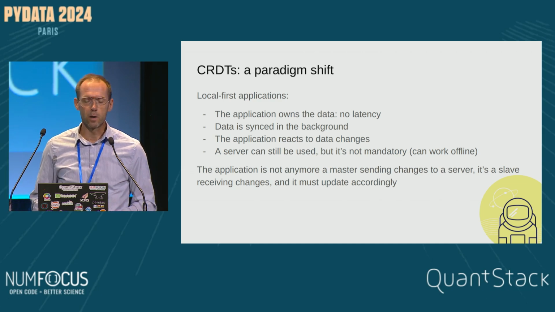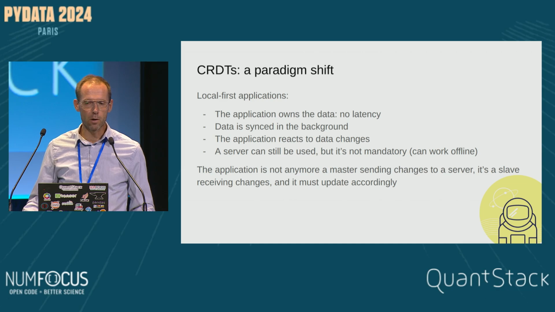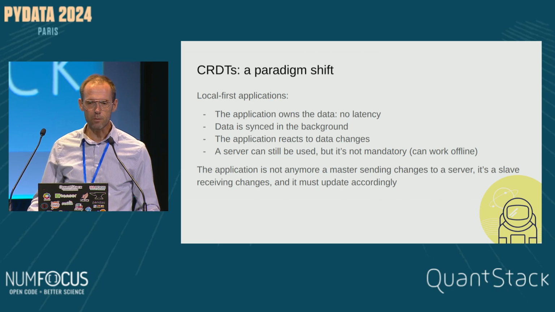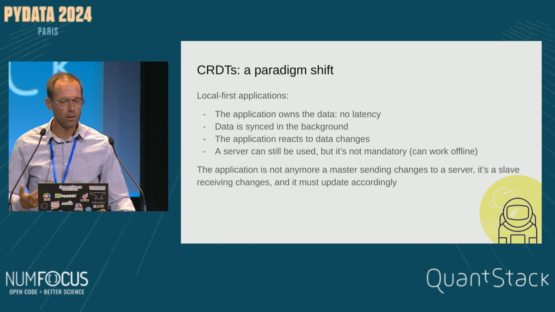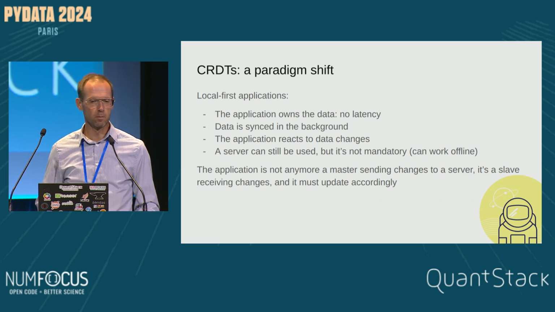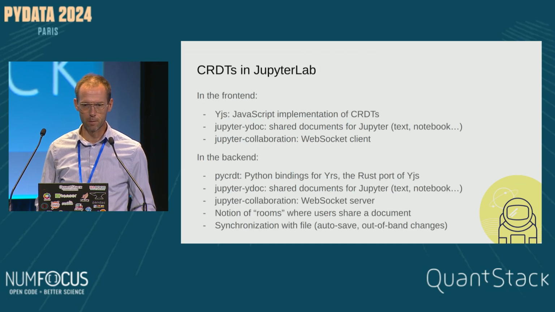And you can still use the server, of course, if you need to access some data that is remote, but it's not mandatory. You can work offline, and you can reconnect later, and it's all going to sync magically. So the application is not a master anymore sending requests to a server. It's more like a slave receiving changes and updating accordingly.